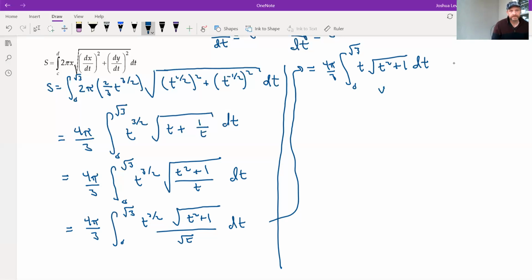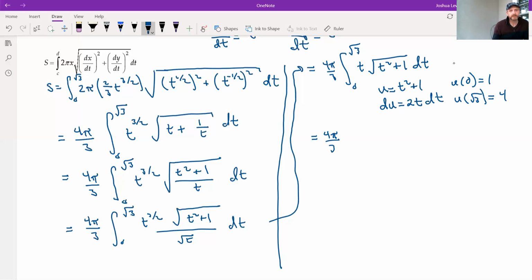This is a little u substitution here. So du is going to be 2t dt. U of 0 is 1. U of root 3 is going to be 4. And so let's see, we have a 2t there.